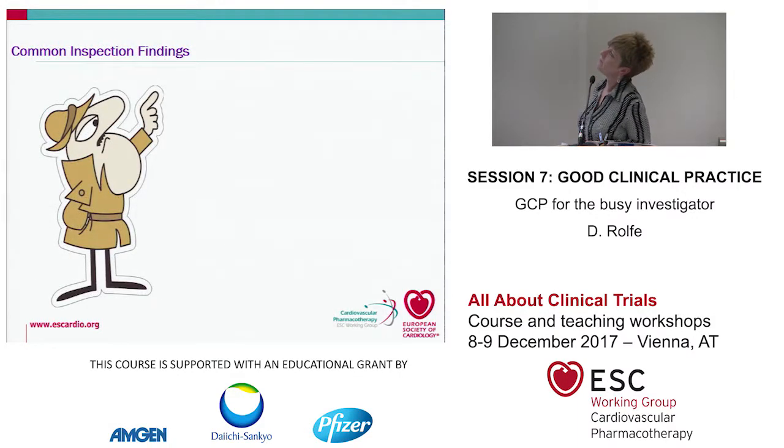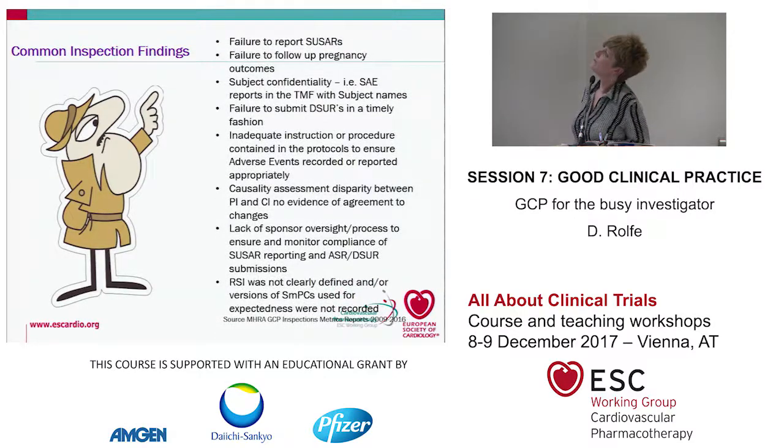So, common inspection findings. Failure to report SUSARs, failure to follow up pregnancy outcomes, and subject confidentiality, so there have been serious adverse event reports in the trial master files which have contained subject identifiers. Failure to submit developmental safety update reports in a timely fashion.